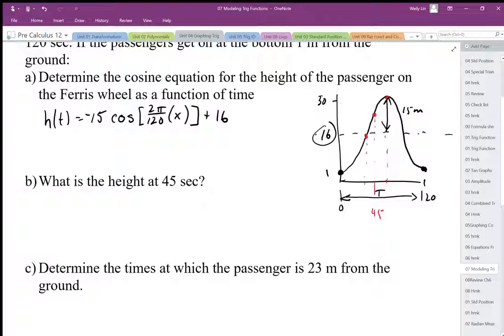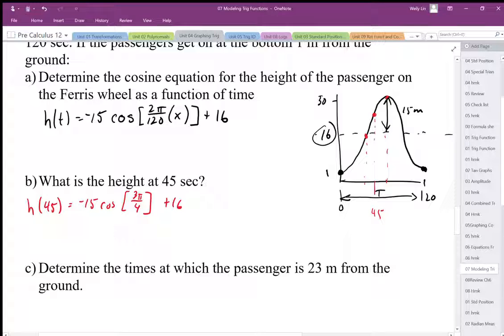So I should expect this to give me an exact value. Although I could type it in my calculator, we really could do this as an exact value problem, and you may be asked to do this as an exact value problem. So when I plug this in, I'm going to end up with this. 2 pi times 45 divided by 120 is 90 over 120, which is 3 pi over 4. 3 pi over 4 plus 16.